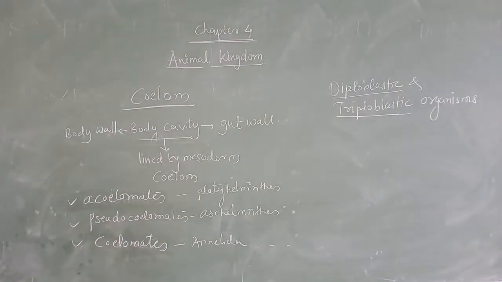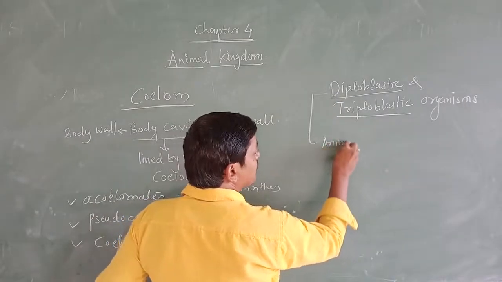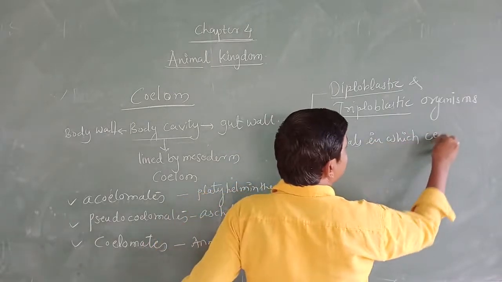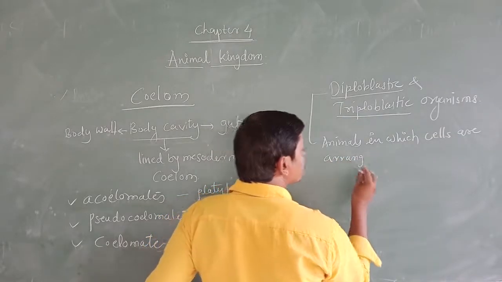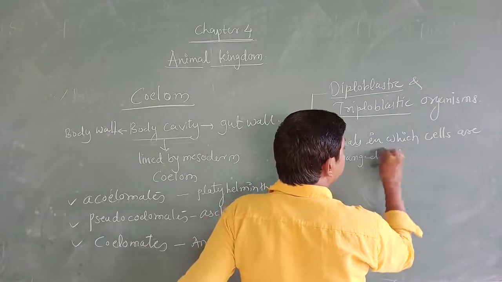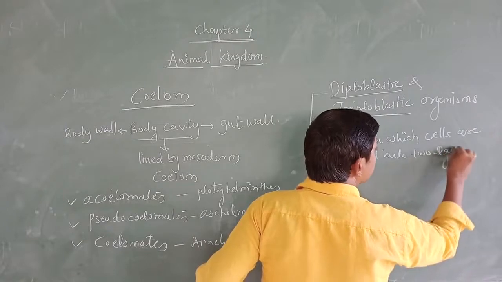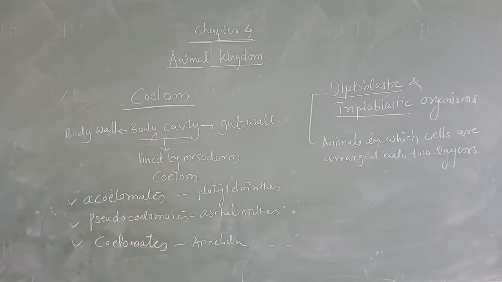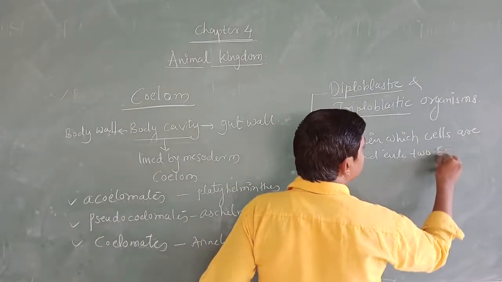Animals in which the cells are arranged into two embryonic layers.